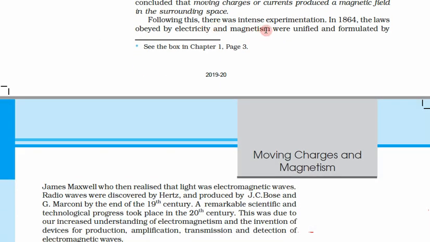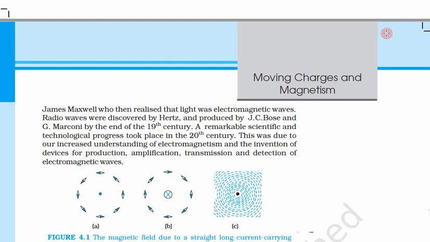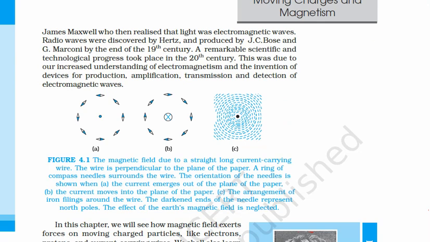Now following this, there was intense experimentation, and in 1864 the laws obeyed by electricity and magnetism were unified and formulated by James Maxwell. So this is very important to understand because it will help you in later chapters as well. So moving charges or current produces a magnetic field, while change in magnetic field produces a current.